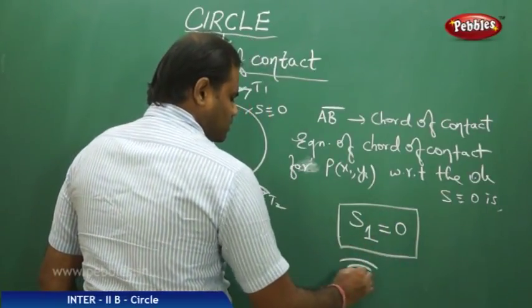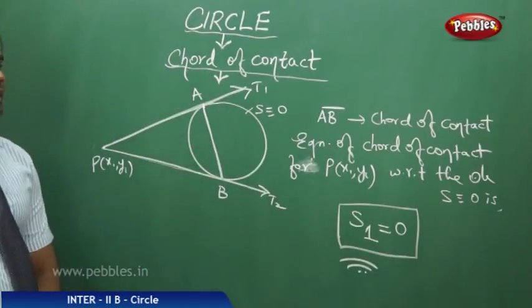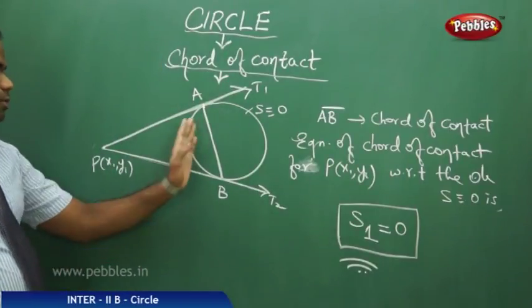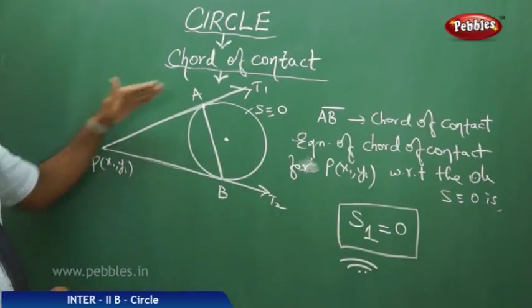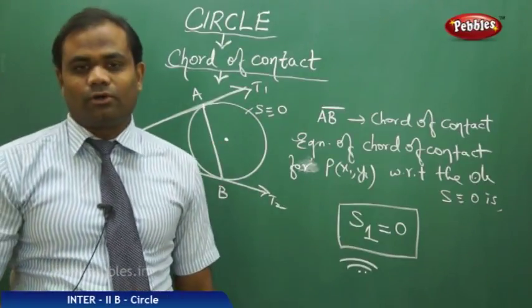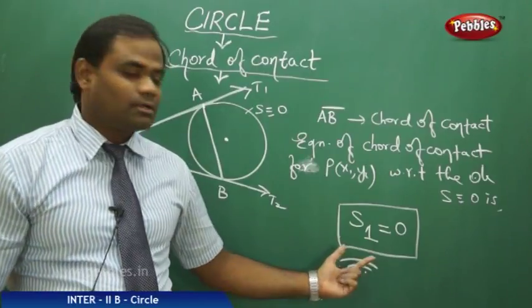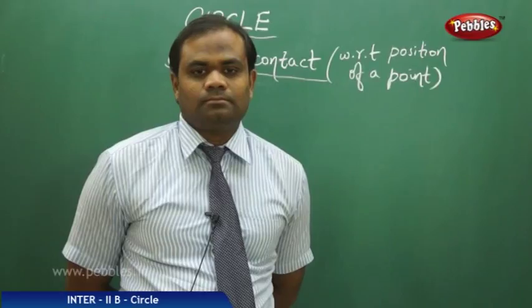So the equation of the chord of contact is S1 equal to 0, which is obtained from an external point from where the two tangents are drawn.